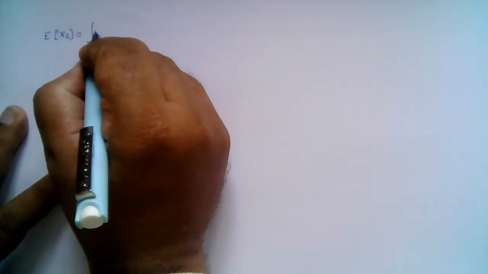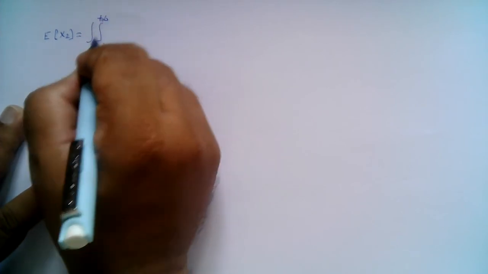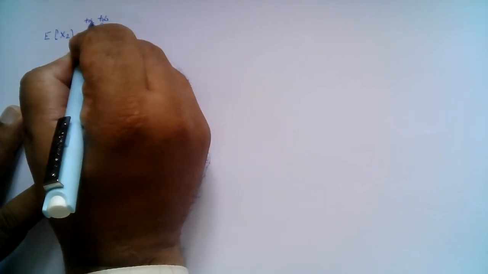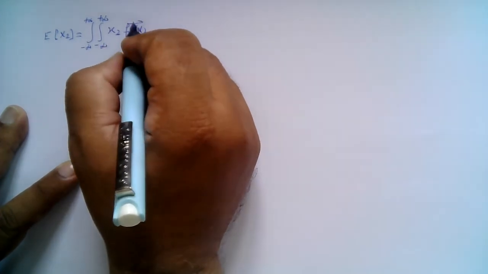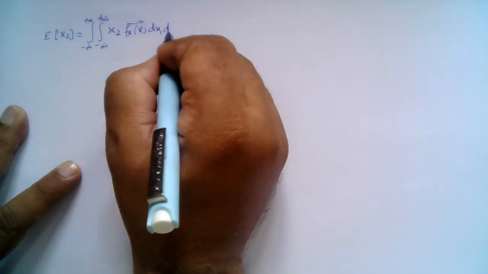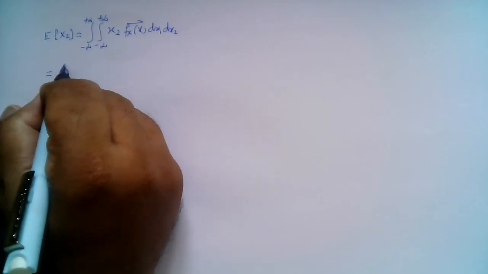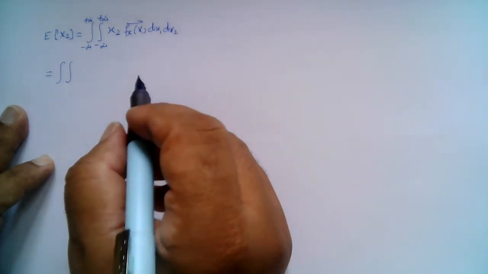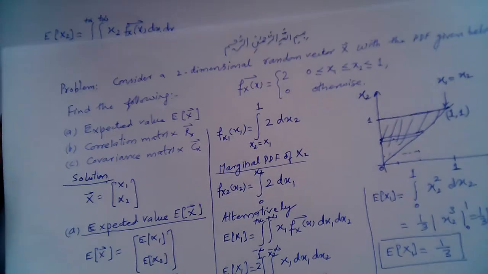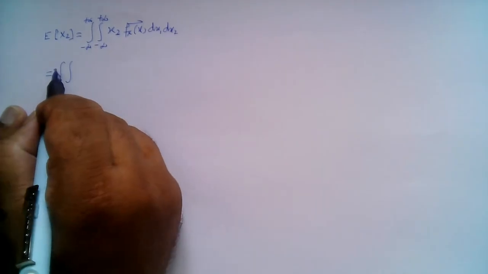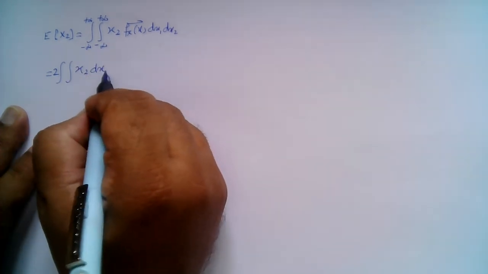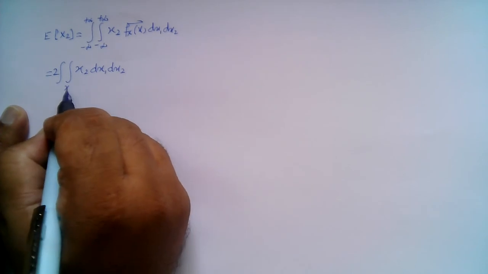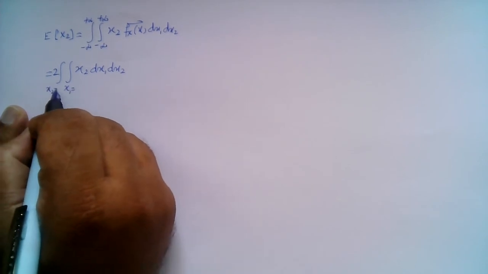So this is given by this integral, minus infinity to plus infinity, minus infinity to plus infinity, right? x2 fx x and dx1 dx2, right? So this is this double integral here. So fx x bar, this is 2, right? So 2 is a constant, it can be written outside here, 2, and x2 dx1 dx2, this should be the limits of x1, this should be the limits of x2.